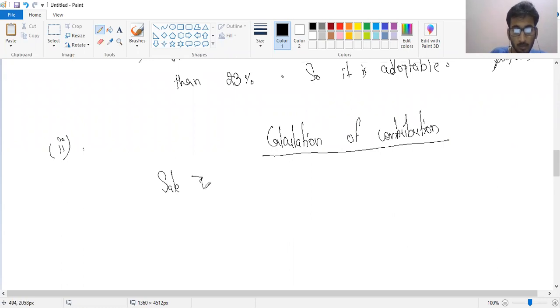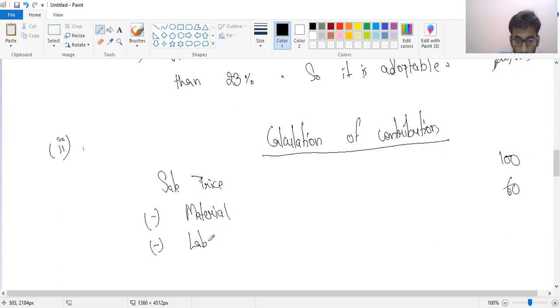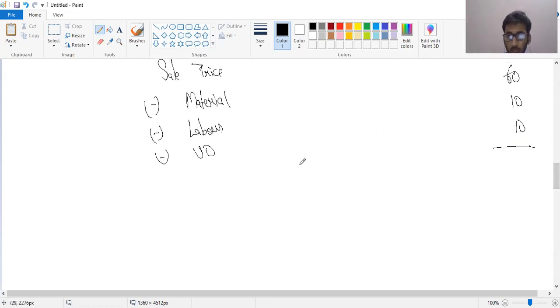So sale price is 100, minus material 60, minus labor 10, minus variable overhead 10. So contribution per unit is 20.